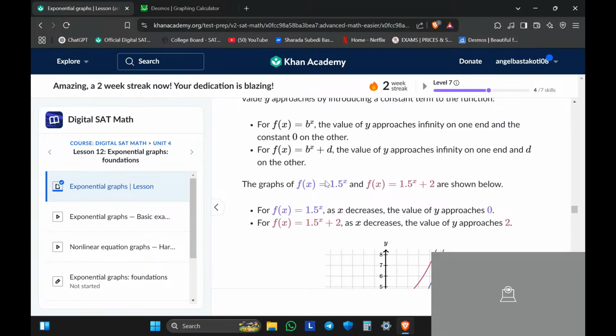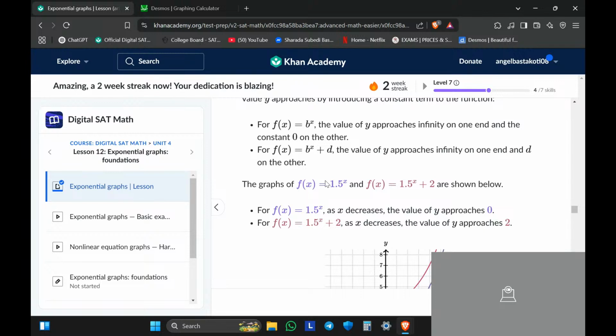If I want to change the asymptote, I can introduce a constant term in the function, f of x equals b to the x plus 5.